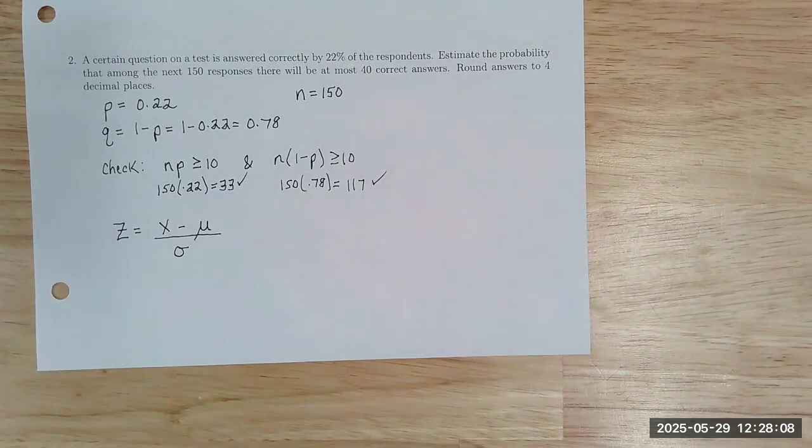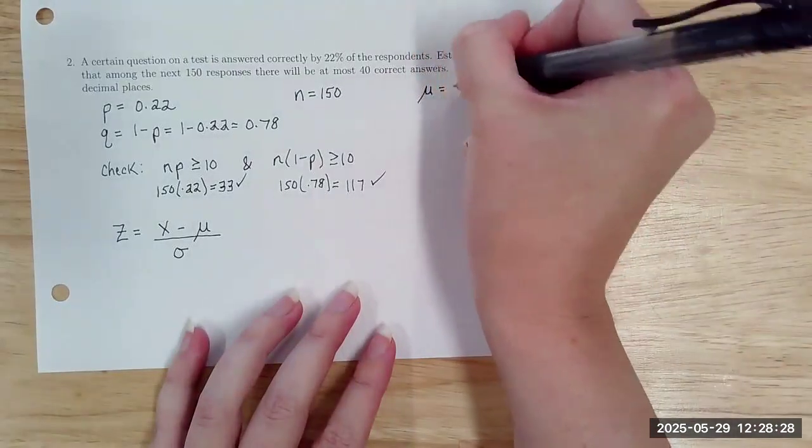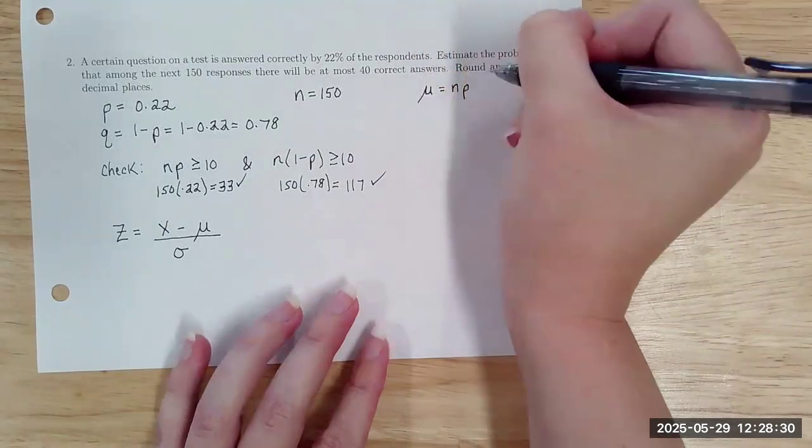On a previous formula sheet, not the one she gave you for this exam, but for one of the previous exams, she gave you how to find the mean and the standard deviation for binomial things. So I'll write those down. To find the mean for a binomial thing, we do n times p.